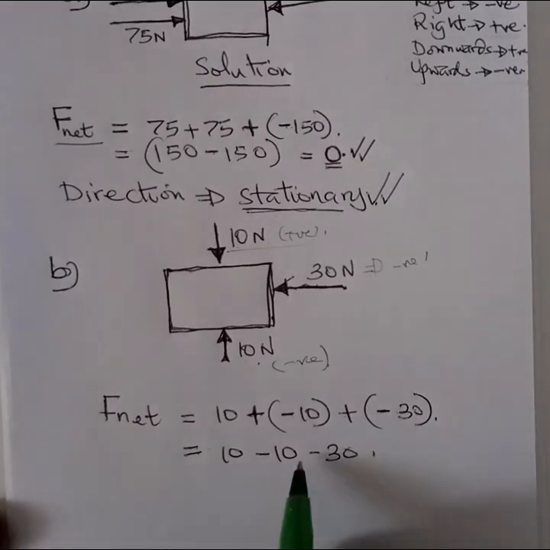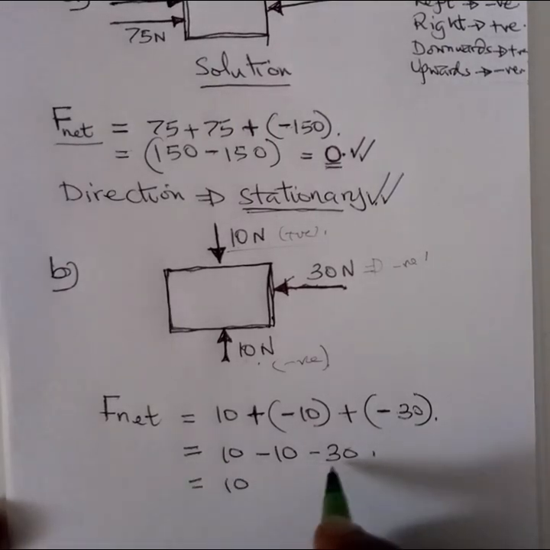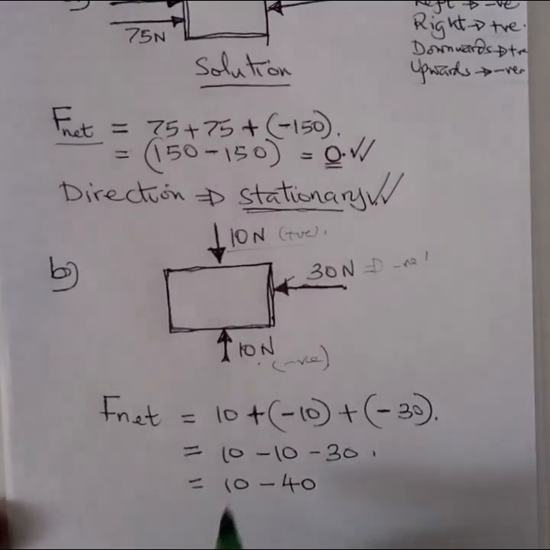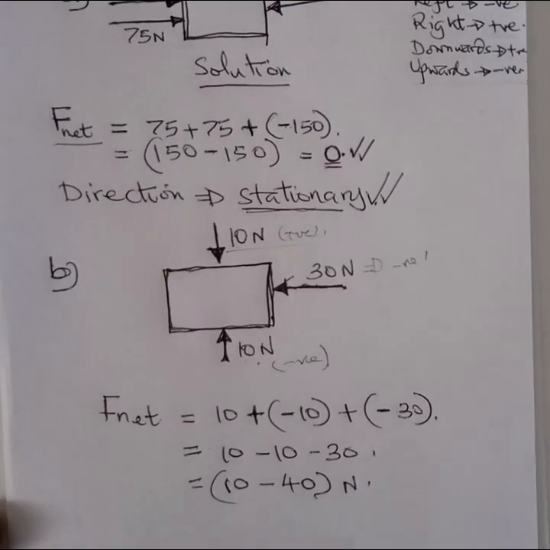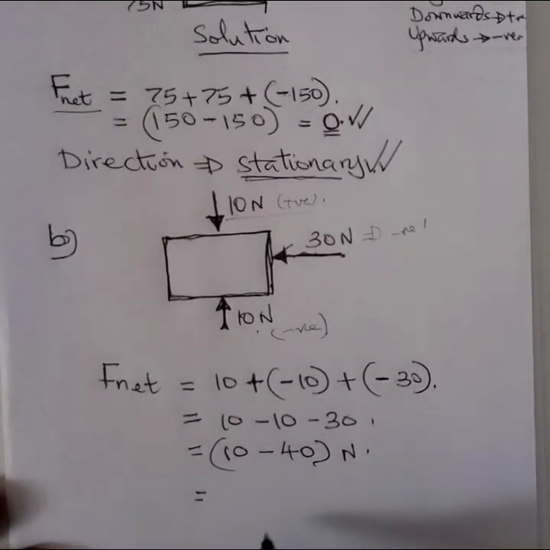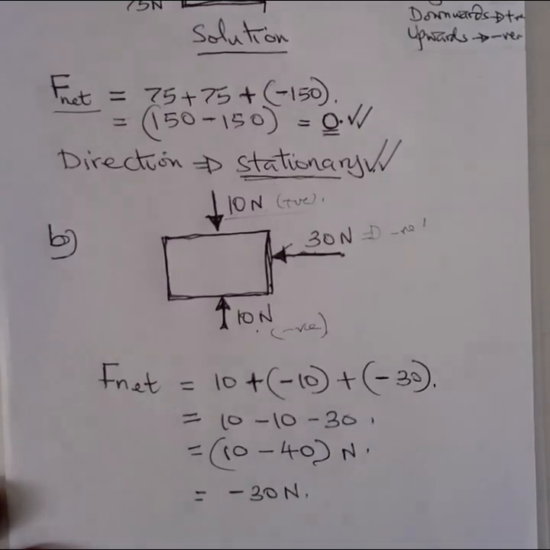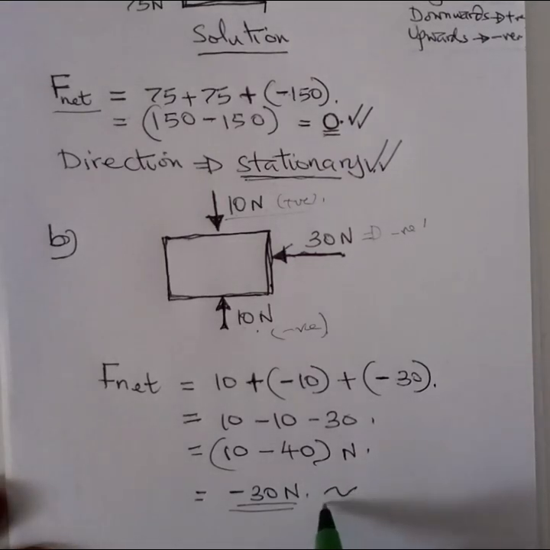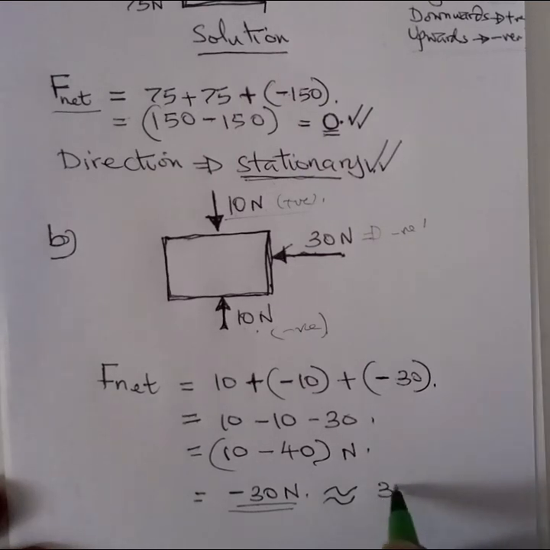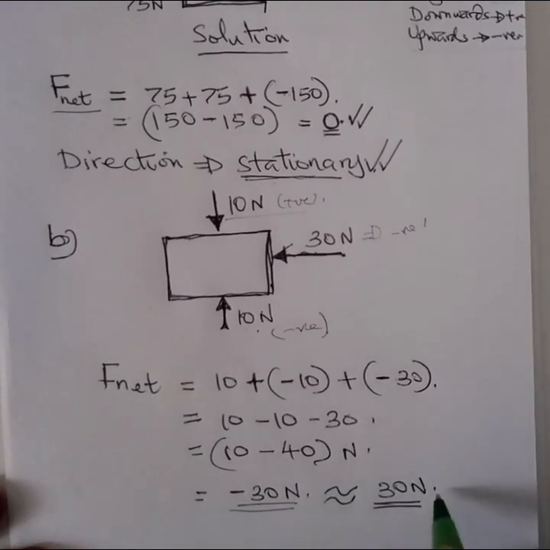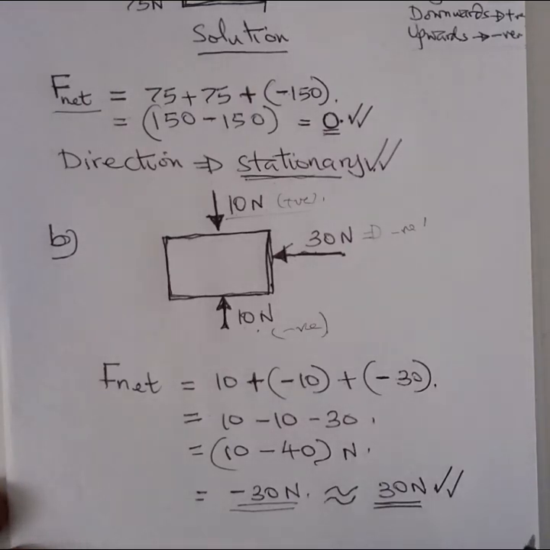So we'll have 10 minus 40 Newton. So what is 10 minus 40? The answer is negative 30 Newton. So here the net force can be negative 30 Newton, or you can say it is equivalent to 30 Newton. So we have a net force of negative 30.